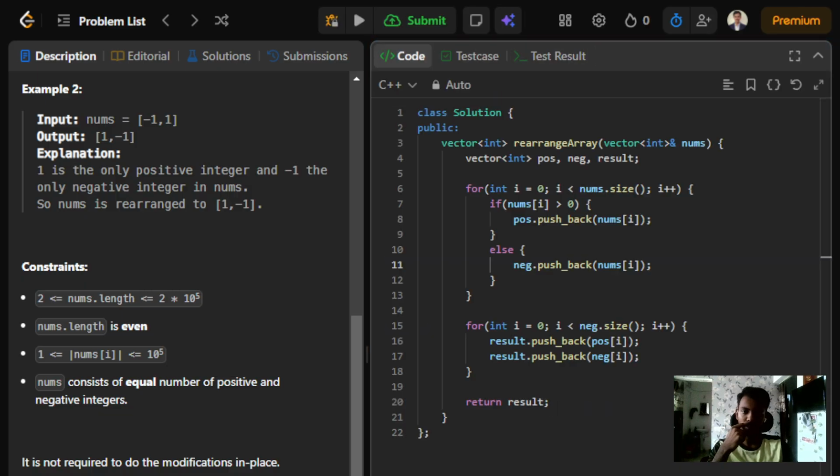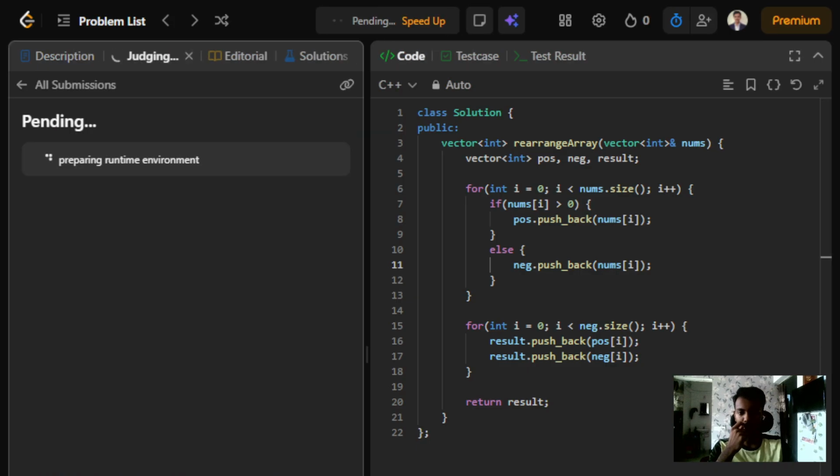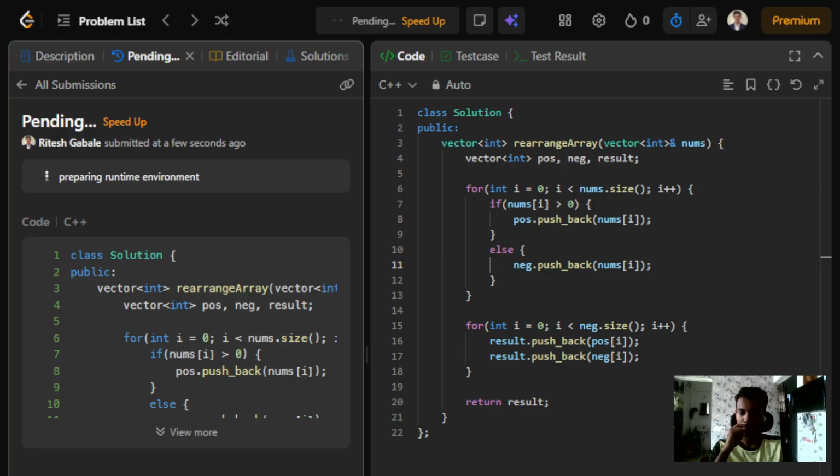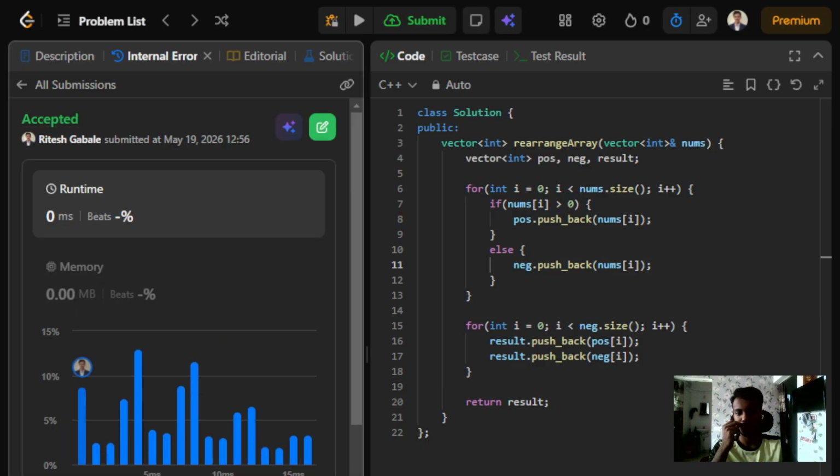Okay, passes. I have no idea why it took so long. Surely this is not the worst time complexity solution. Maybe my internet is slow.